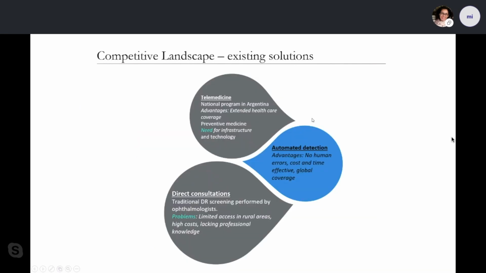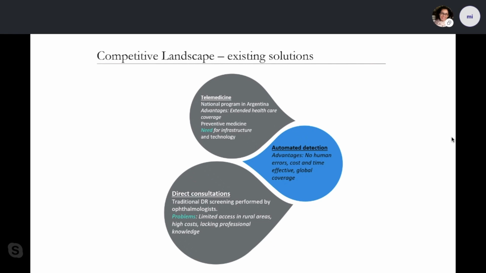And here, just to explain one more time, what is our advantage in the project we want to raise in comparison to other things. Of course, we will need to build up the infrastructure, and we would use existing technology to start in Argentina, which as we said is on the rise with telemedicine, because they have huge areas of poor coverage, and they're making efforts to cover those areas with telemedicine already.